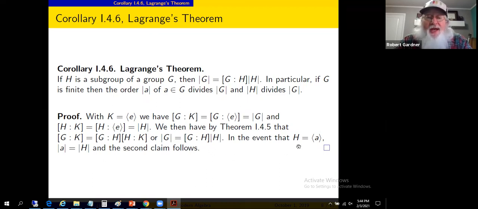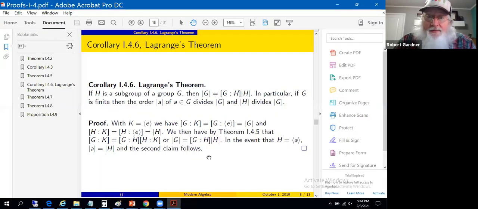If H happens to be generated by a single element and we're dealing with finite groups, then this claim of division follows. You get this order divides that order, provided we've got the finiteness. And there's Lagrange's theorem. In itself, pretty easy to tell what's going on.